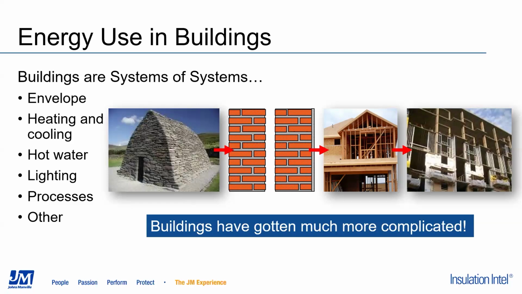And of course, we've got all these interconnected systems, right? We've got the building envelope, heating and cooling systems, hot water systems, lighting systems, sometimes other processes, right? And these things all impact each other. And that'll be a really important thing to keep in the back of our minds as we go through today's presentation.